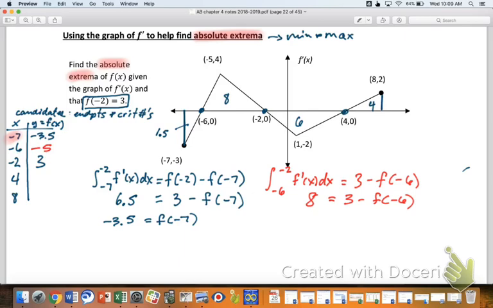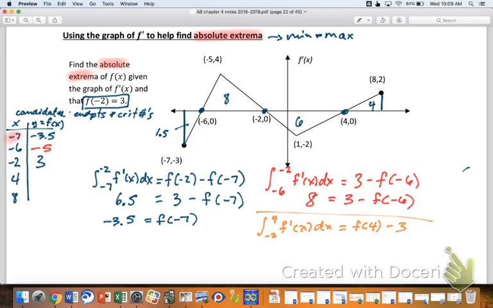And then you just continue on, right? So you'd say integral from negative 2 to 4 of f prime. Notice how I'm taking care to make sure that my lower limit is actually the lower number. And that's equal to f of 4 minus 3.